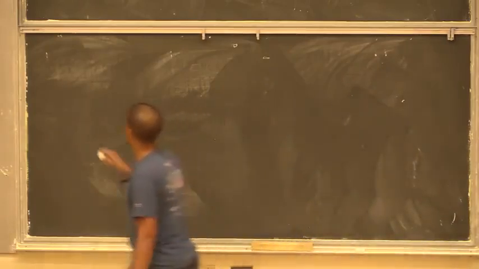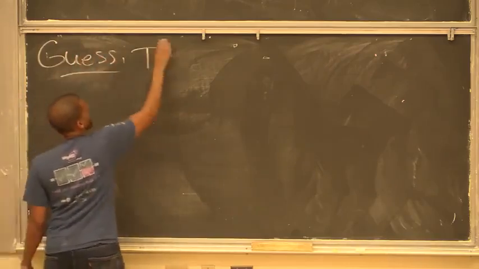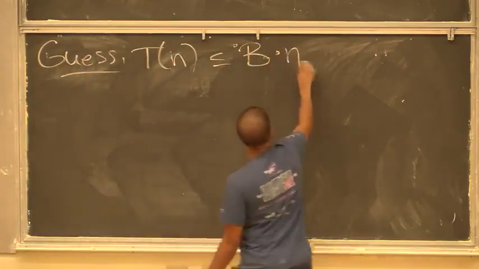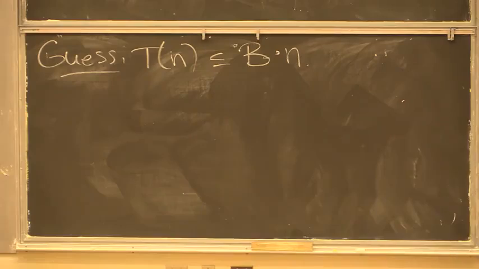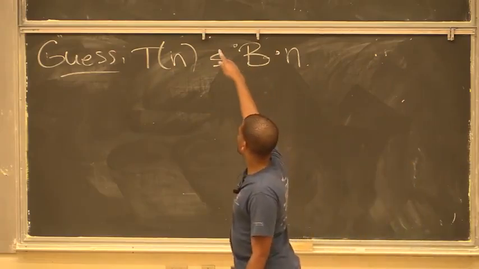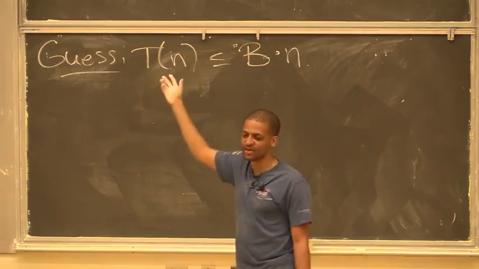So let's just guess that T of n is at most b times n. I'm going to be slightly sloppy in this proof in that, in reality, I really need to say something like the ceiling of n over 5 and the ceiling of 7n over 10.